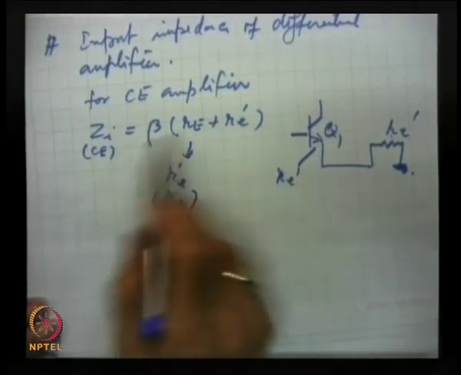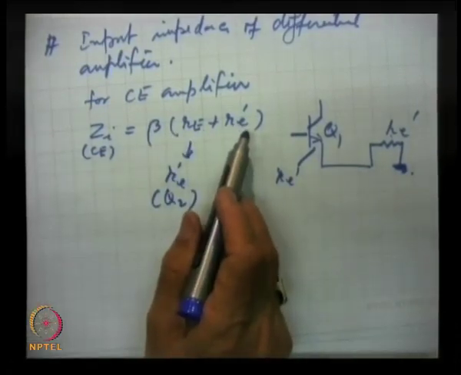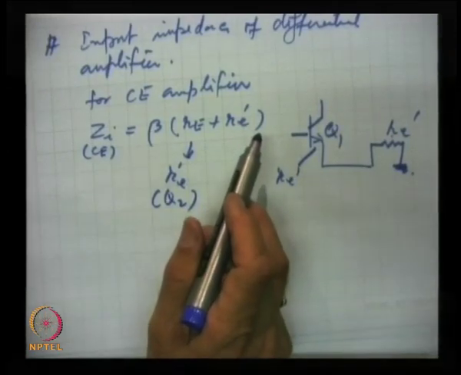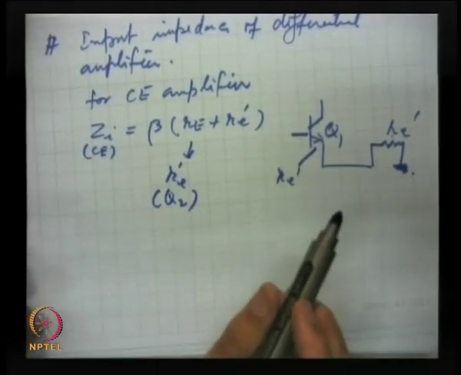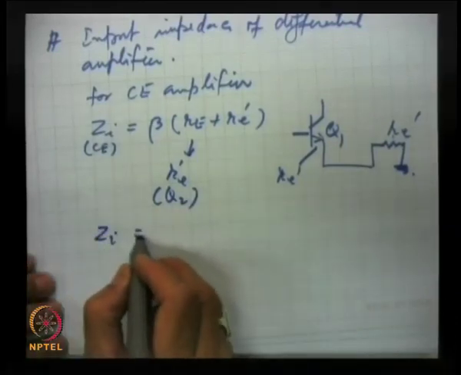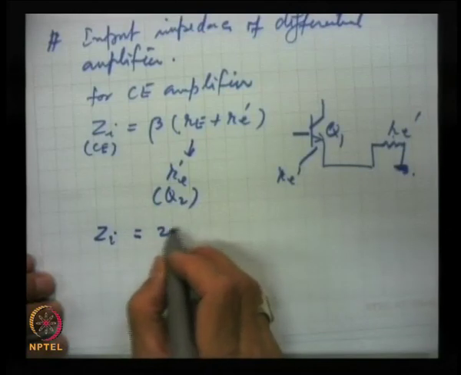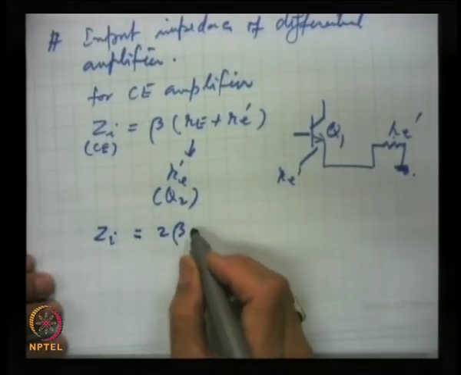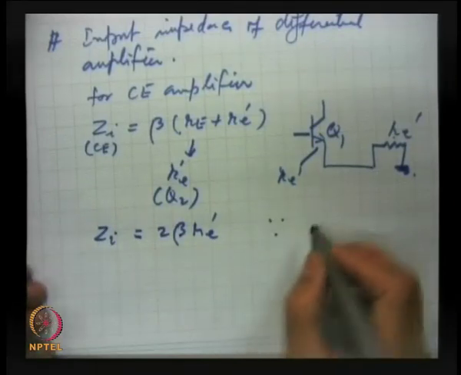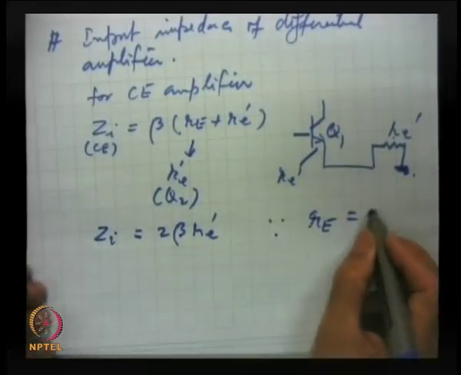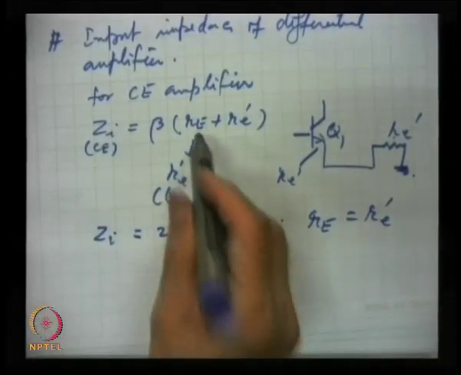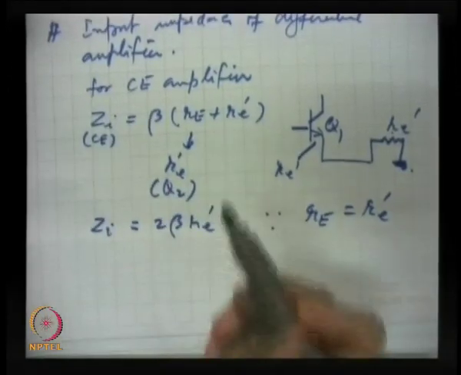This result we are not deriving, we have done it. You just look back at the analysis of the BJT small signal amplifier. So, Zi is equal to 2 beta RE prime, because RE is also RE prime, so this becomes RE prime plus RE prime.